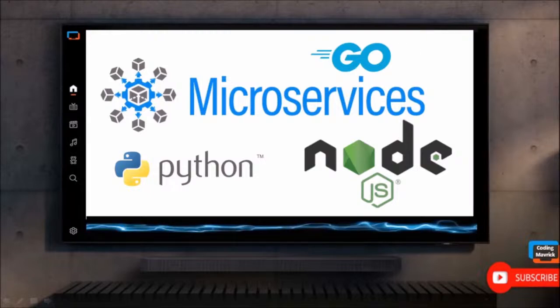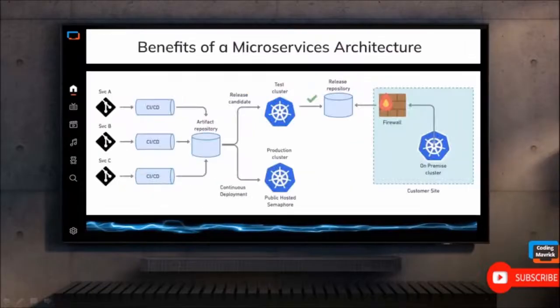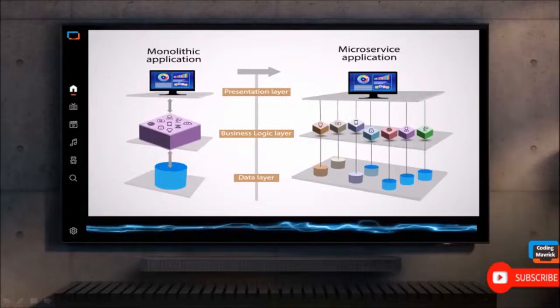For example, Node.js for the user service, Python maybe for machine learning modules, and Go for the payment modules. Similarly, teams can release features without waiting for the entire system to rebuild. And if the order service fails, the rest of your system still works. Over here, smaller code bases are easier to understand, debug, and replace.